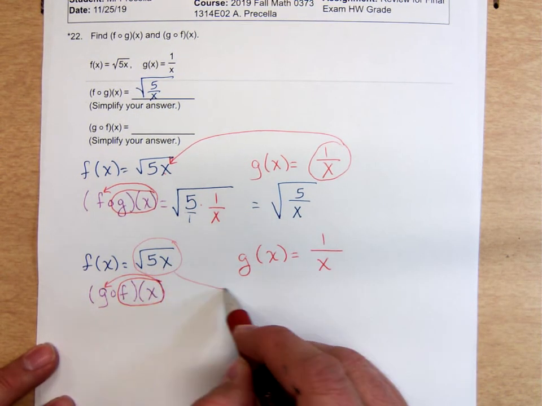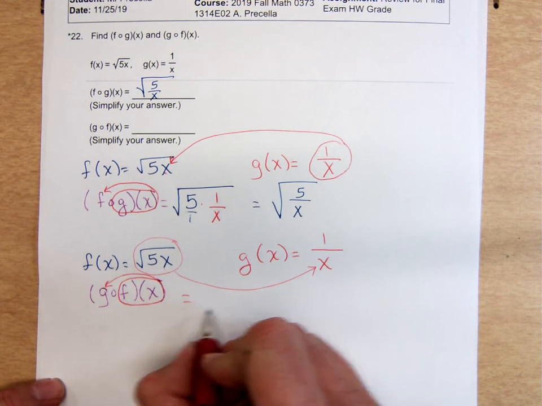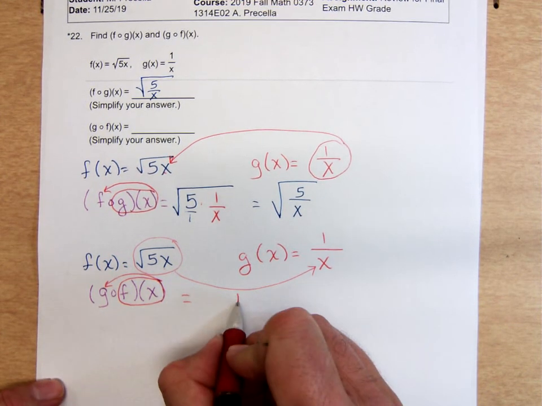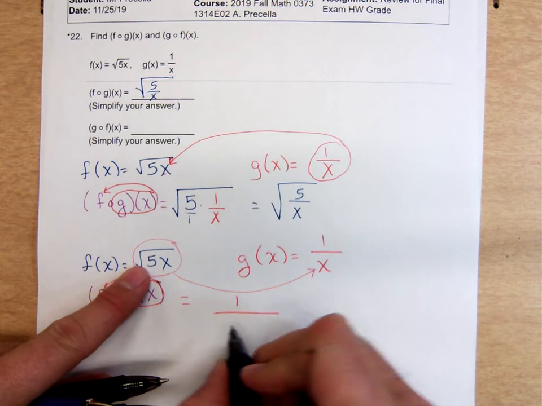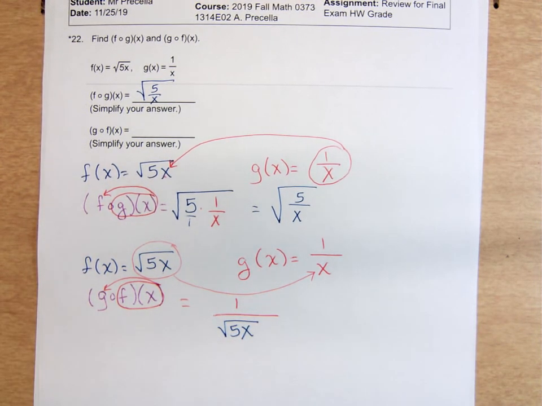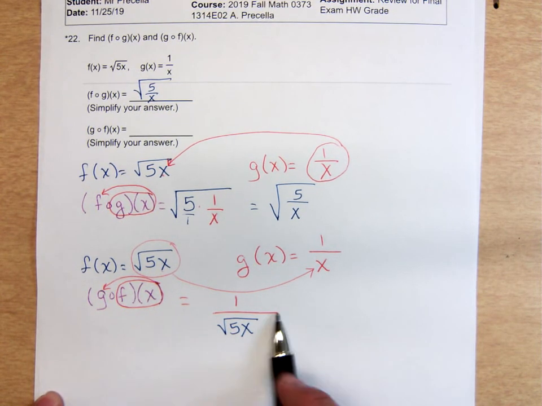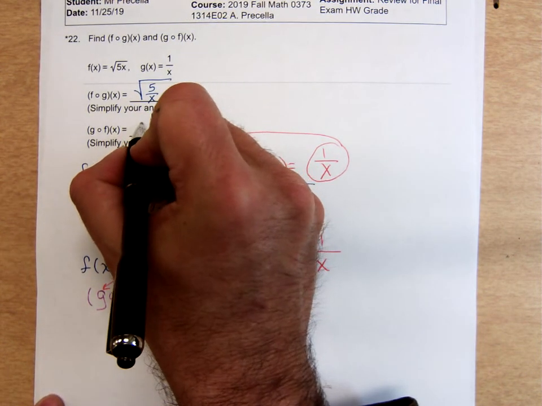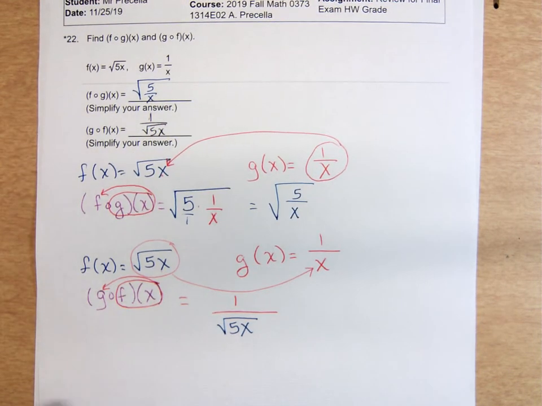So I have the red 1 over, but in place of the red x, I'm putting the blue square root of 5x. So it's 1 over the square root of 5x. Any questions there?